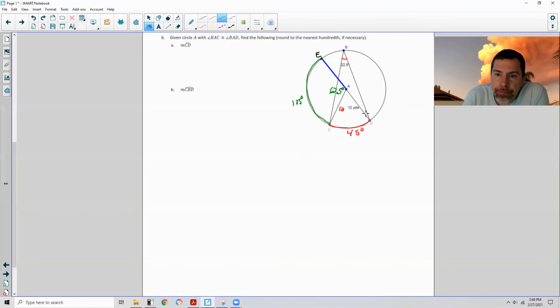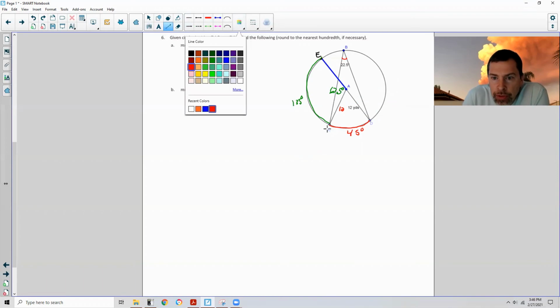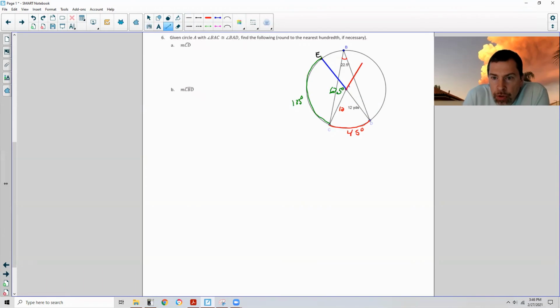All right. If I were to also draw another diameter and continue CA over here so that it reaches over here to another point, let's call it F just to stay in alphabetical order. All right, so this angle is 67.5 degrees. This angle is 45 degrees, and this angle is 45 degrees because they're vertical.